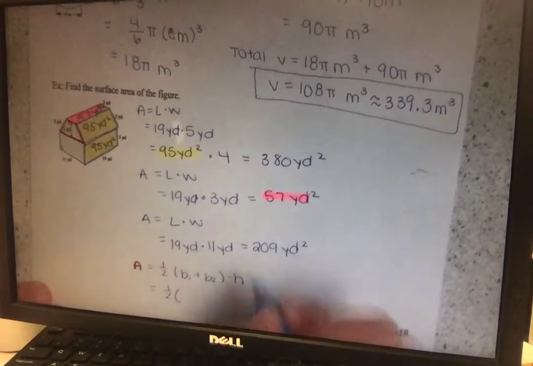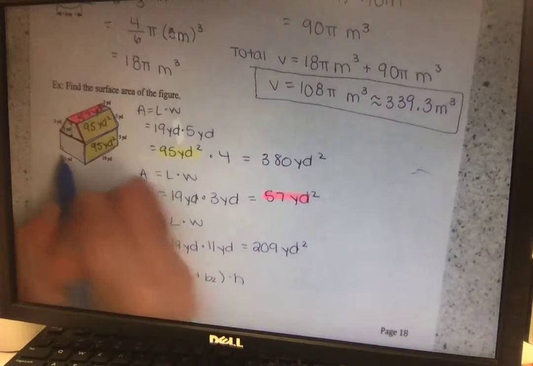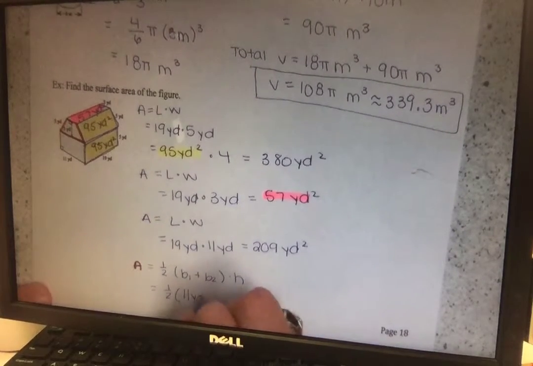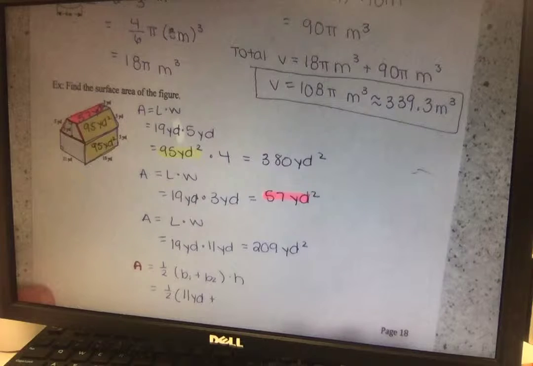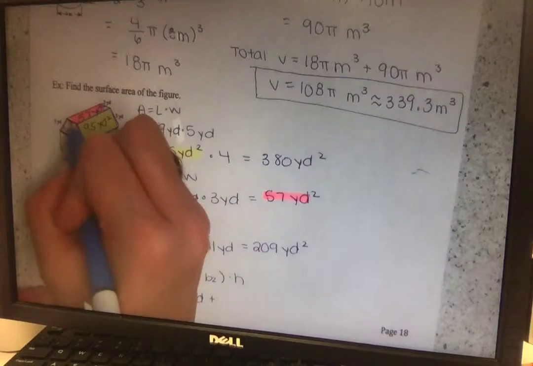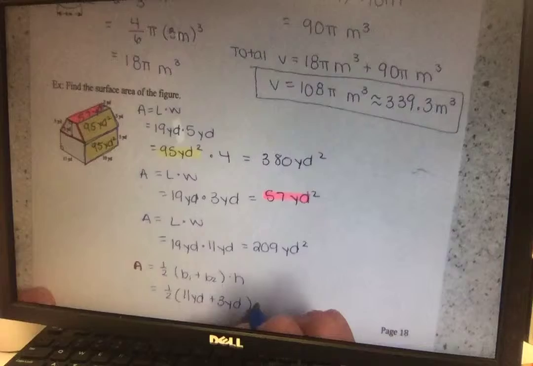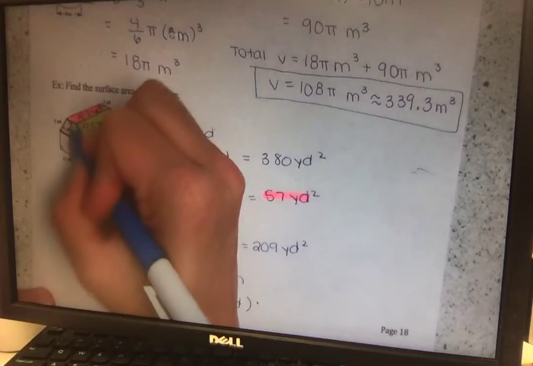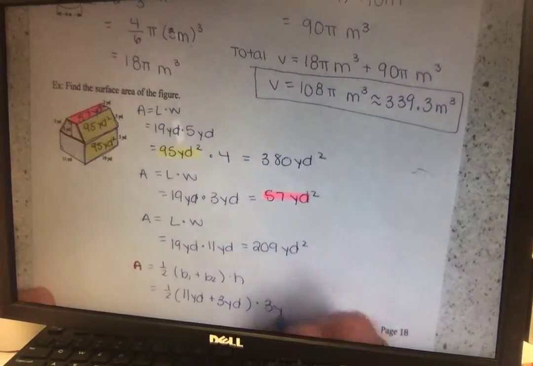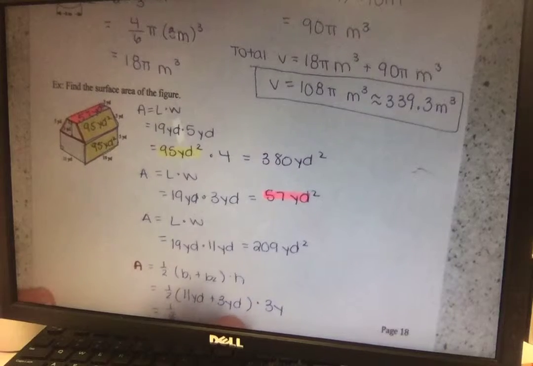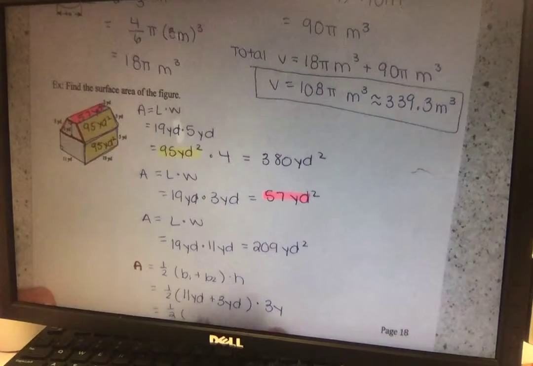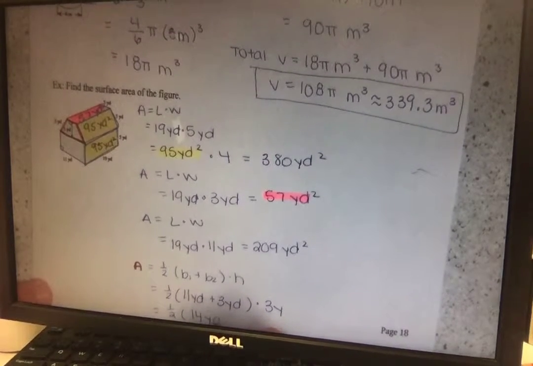So 1/2. This first base is the same length as down here, so it's going to be 11 yards. Plus this base over here, this base is going to be the same as this base, so it's going to be 3 yards. Times our height going this way is going to be 3 yards again. So 1/2, 11 yards plus 3 yards will give us 14 yards times 3 yards.